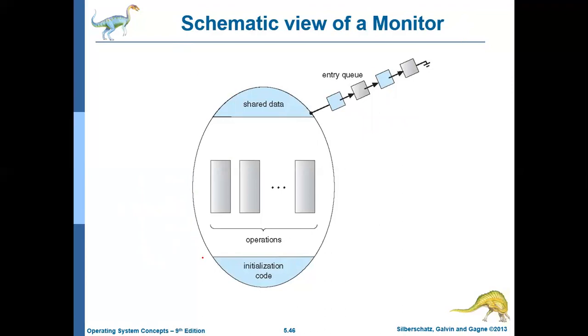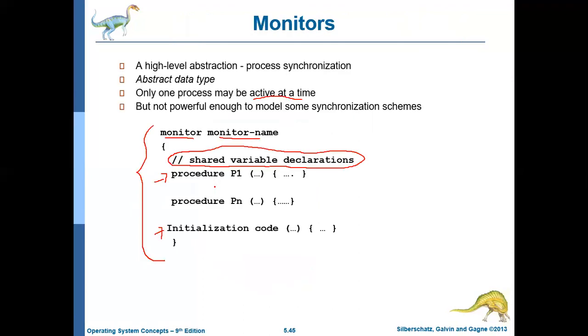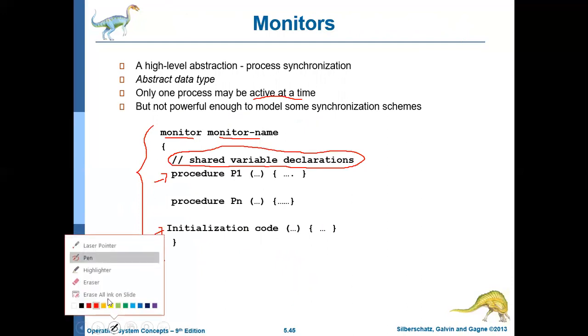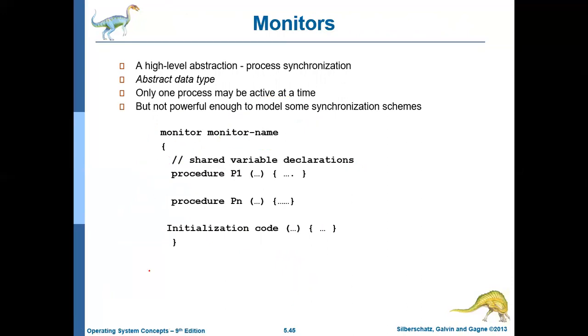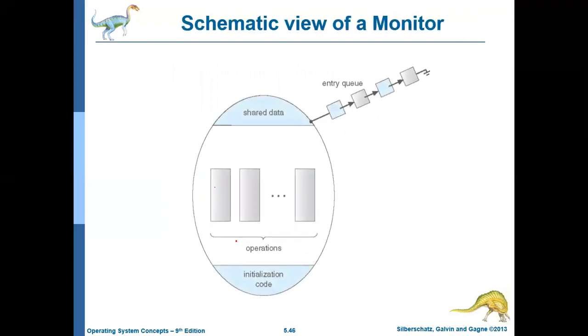This diagram is the logical or schematic view of the monitor. In the previous case you saw the code for the monitor. The code for the monitor contains shared variables, procedures, and initialization code. The same thing is in this diagram.